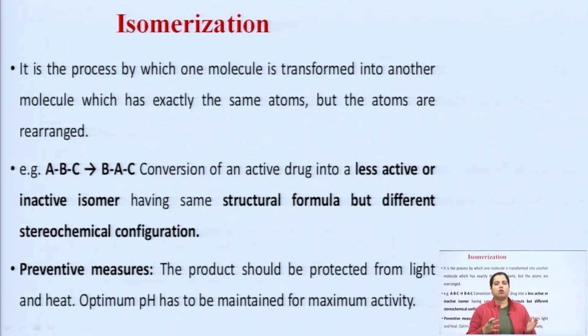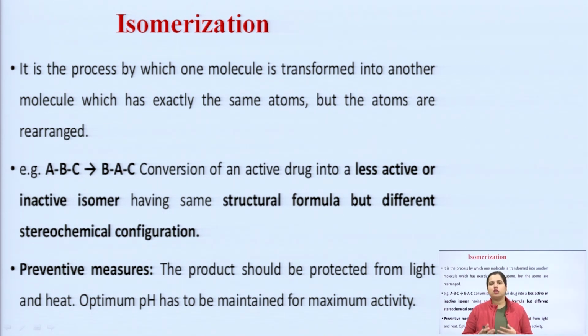So, the same structural formula but a different stereochemical configuration may affect the chemical nature of a drug product in the formulation, and it may become a less effective active pharmaceutical ingredient if isomerization takes place. So, preventive measures: the product should be protected from light and heat.